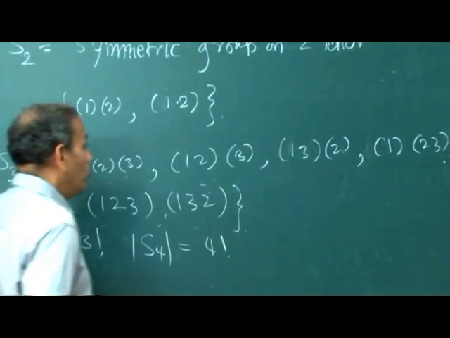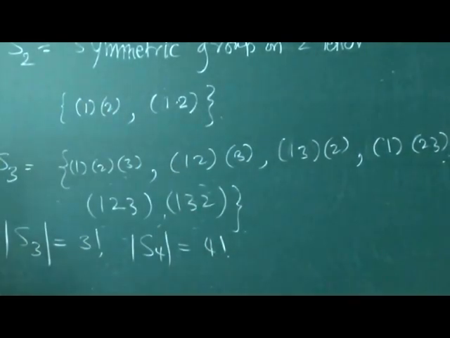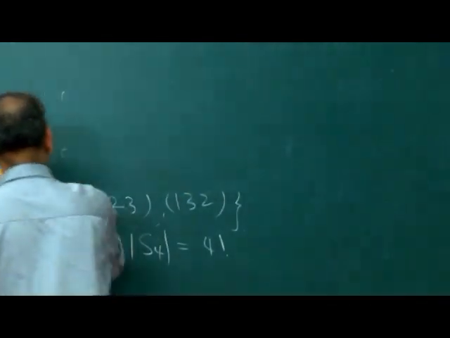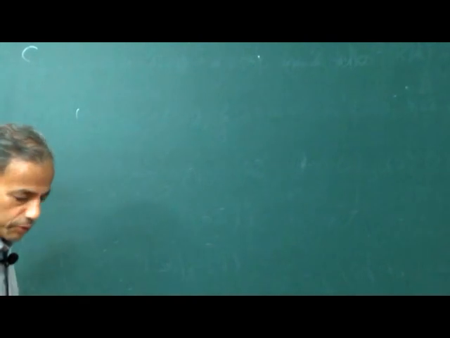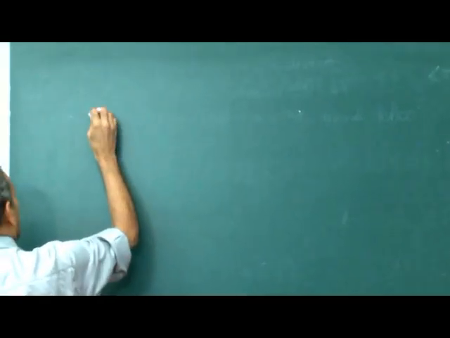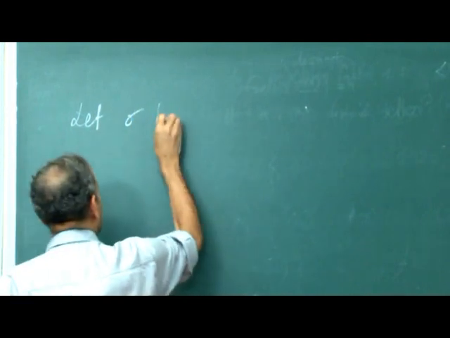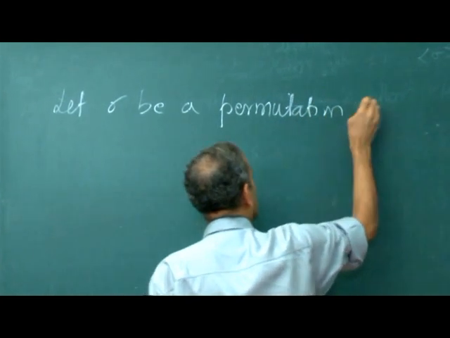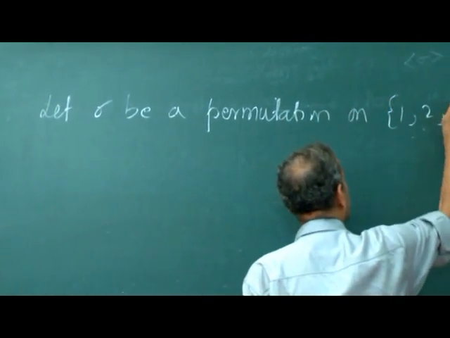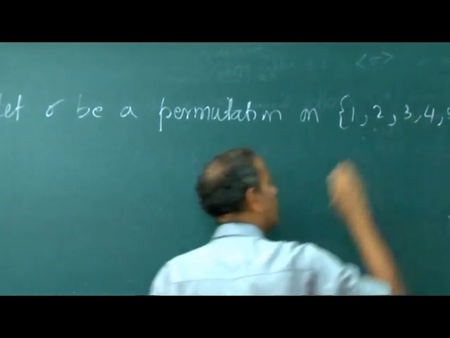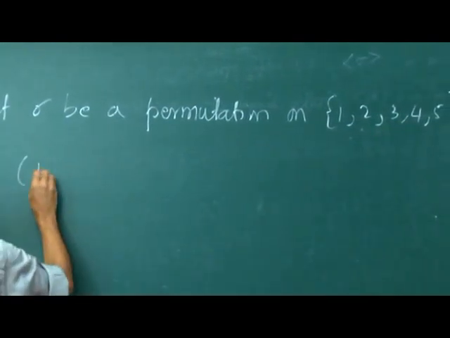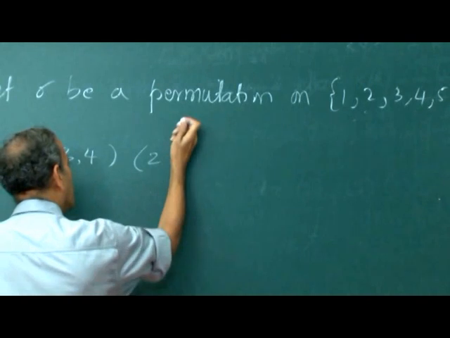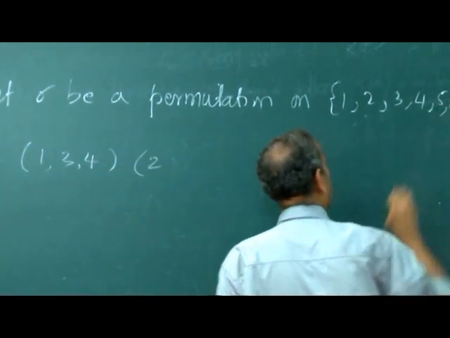Okay, so I will urge you to write these down because you will get some ideas about these permutations. Once you have these permutations, let us consider one permutation on 6 letters. So let sigma be a permutation on 1, 2, 3, 4, 5, and let me add one more, 6.